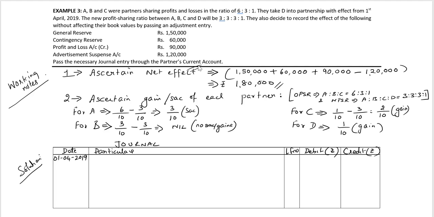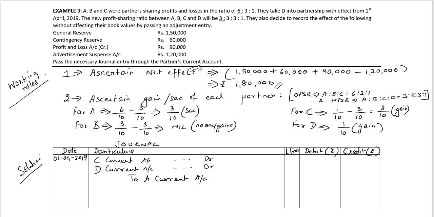The gaining partners are C and D, and the sacrificing partner is A. And since we need to pass the adjustment journal entry through the partners' current account, I will debit C's current account, debit D's current account, credit A's current account.